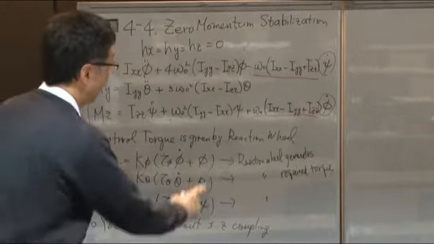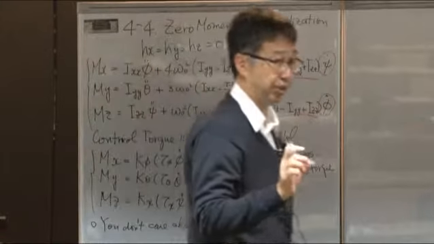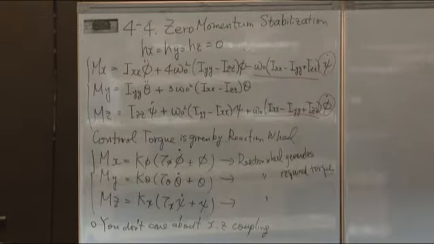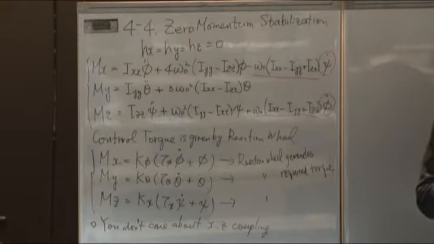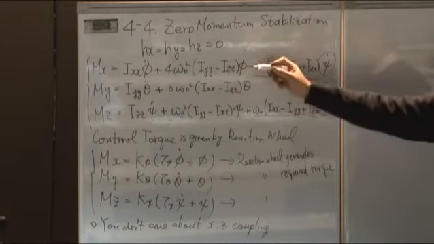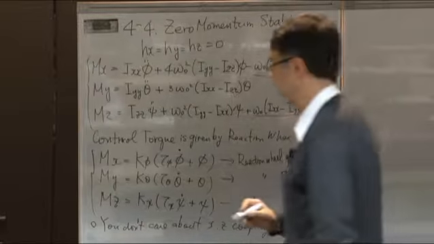Okay, because there is very small coupling between the x and the z axis, because omega 0 is very small. So you only have to think about each axis independently, and you can find a very good control gain for each axis independently.